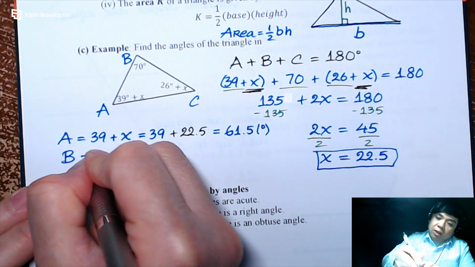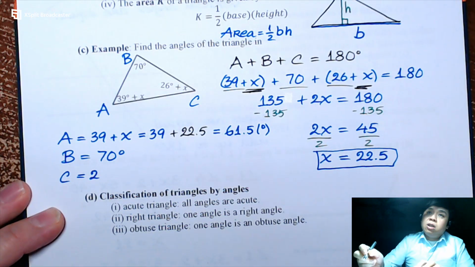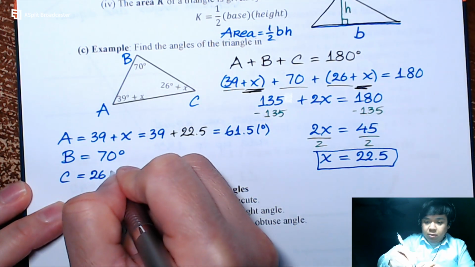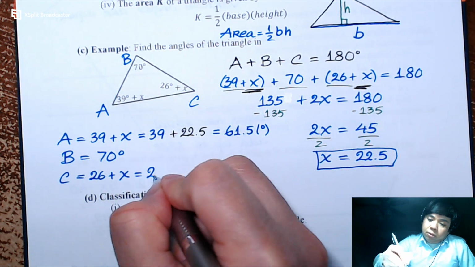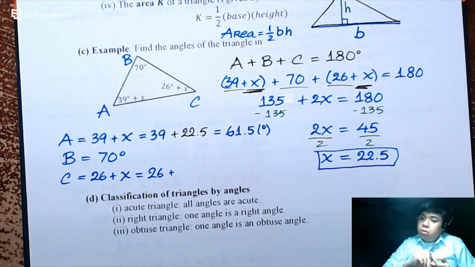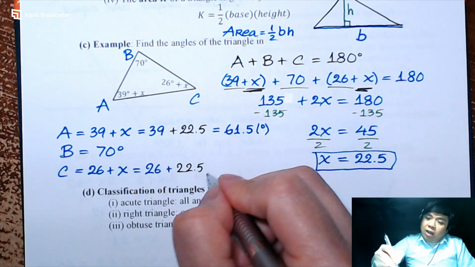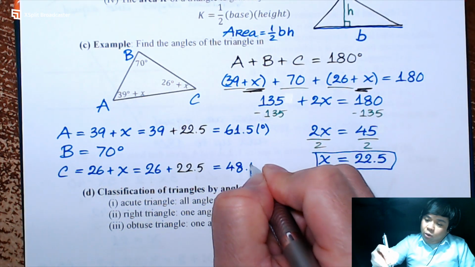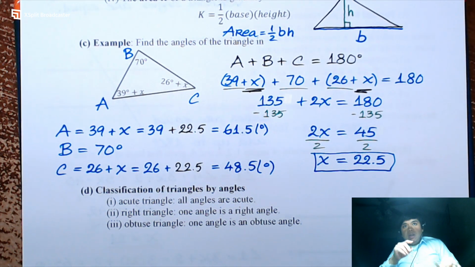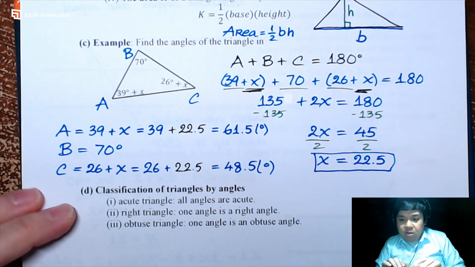Angle B is 70. Angle C is 26 plus x, which is 26 plus 22.5, and that is 48.5 degrees. Right, very simple. The three angles in a triangle add up to 180 degrees.